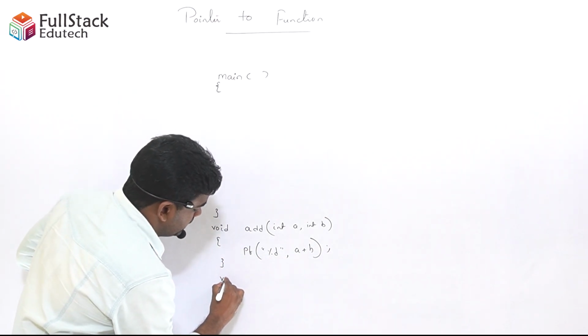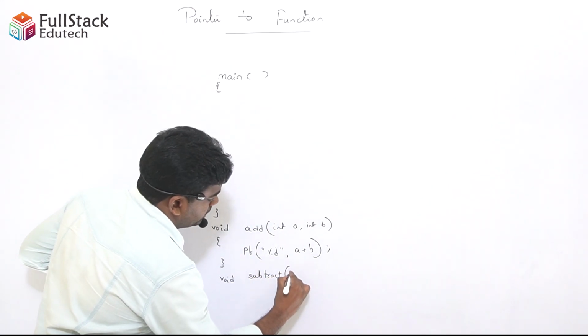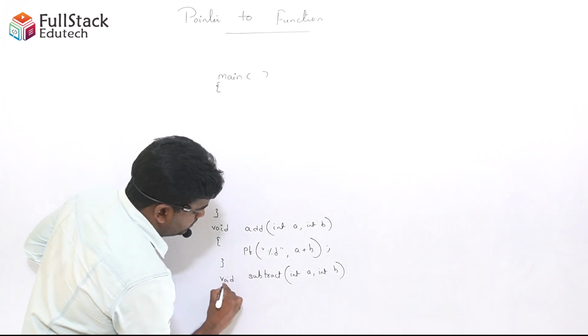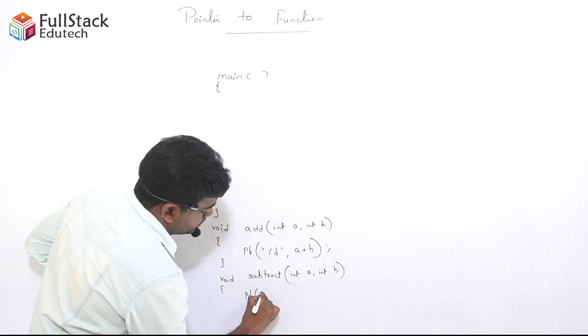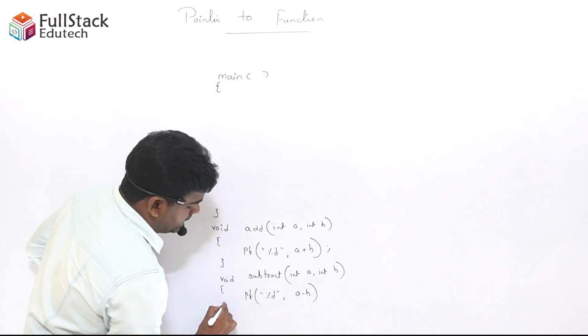The next one is subtract, with int a comma int b. Same here, it is a printf %d, a minus b, which is the subtraction it will do.